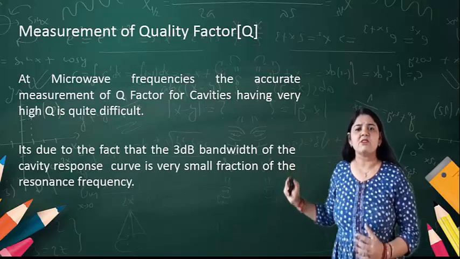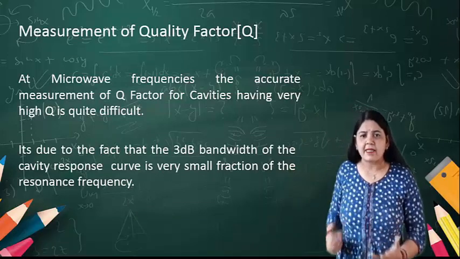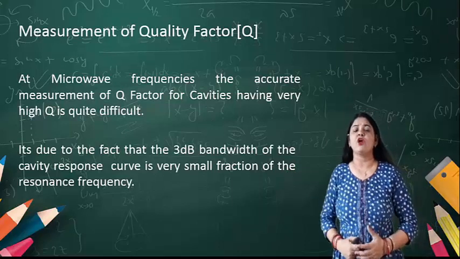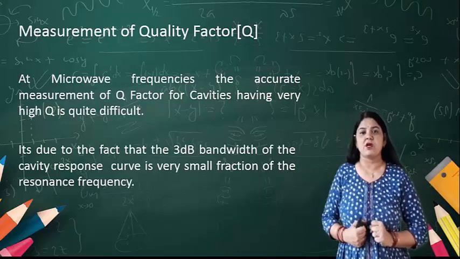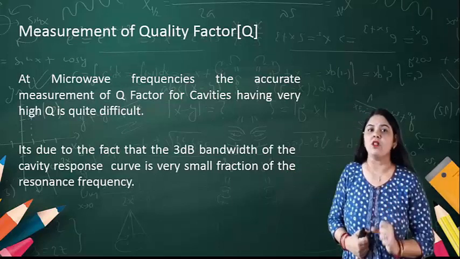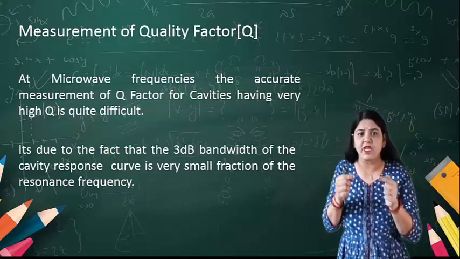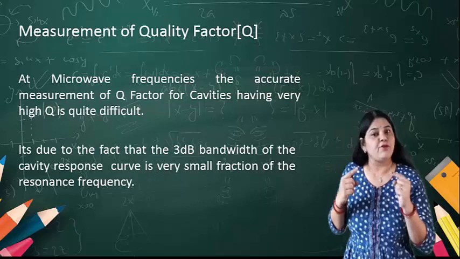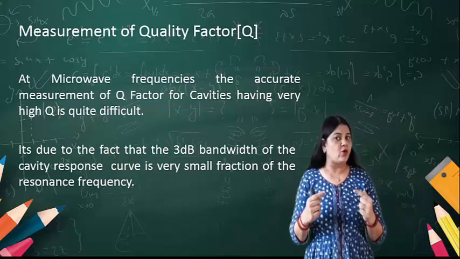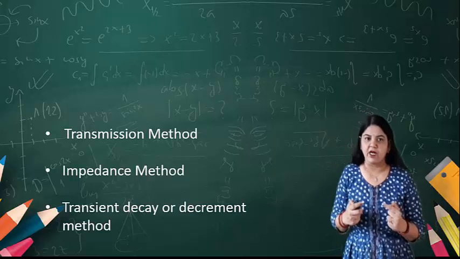Why is that? It is due to the fact that the 3 dB bandwidth of the cavity response curve is very small. It is a small fraction of the resonance frequency, and for that, finding out the Q value is very difficult.